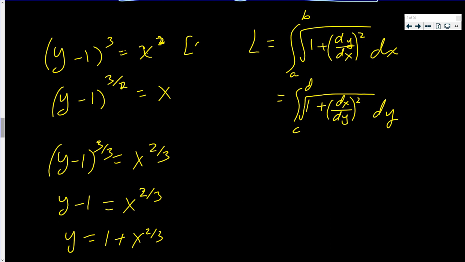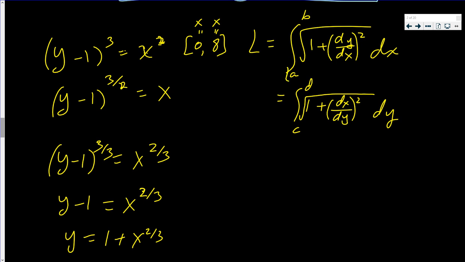And I'm told that it's not 0 to infinity, excuse me. But I want the arc length from 0 to 8. It is understood that those are x values, I apologize. From x equals 0 to x equals 8.